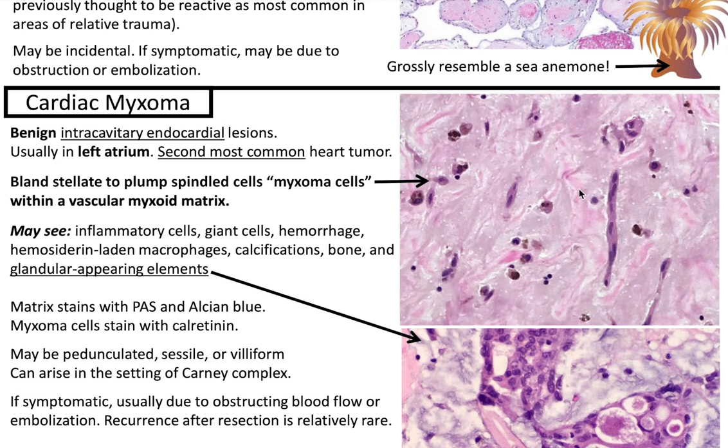You may see inflammatory cells, giant cells, hemorrhage, hemosiderin-laden macrophages, calcifications, bone, and glandular-appearing elements as well. The matrix stains with PAS and Alcian blue, and the myxoma cells stain with calretinin. It may be pedunculated, sessile, or villiform and can arise in the setting of Carney complex. If symptomatic, it's usually due to obstructing blood flow or embolization. Recurrence after resection is relatively rare.